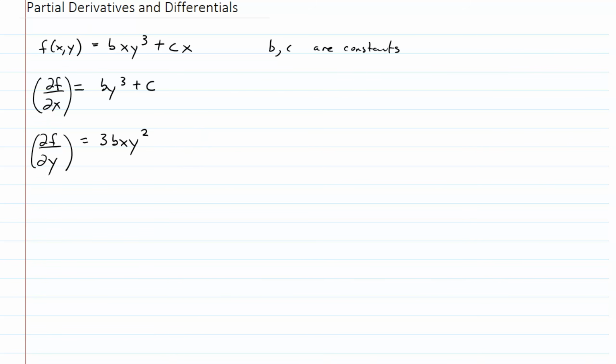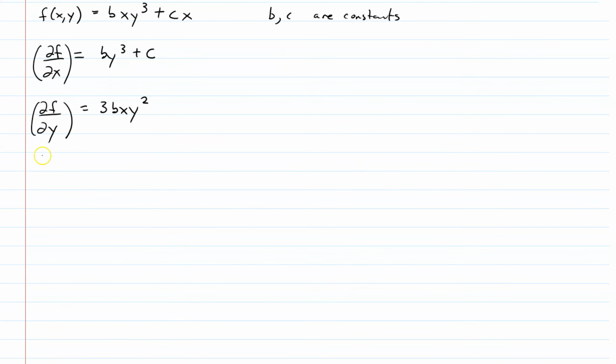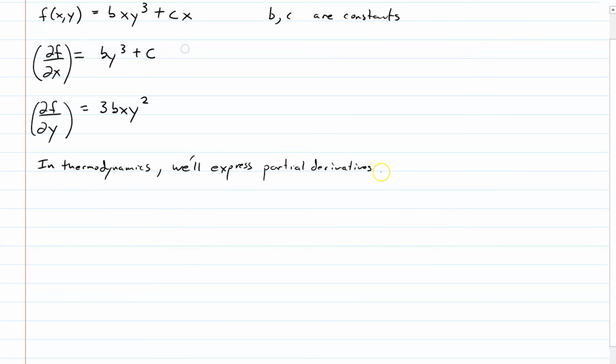Now, in thermodynamics, we generally write it a different way. In thermodynamics, we'll express partial derivatives this way. For example, df dx, and then I'll put an extra y here.